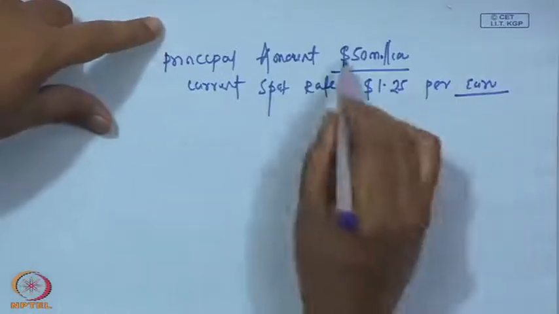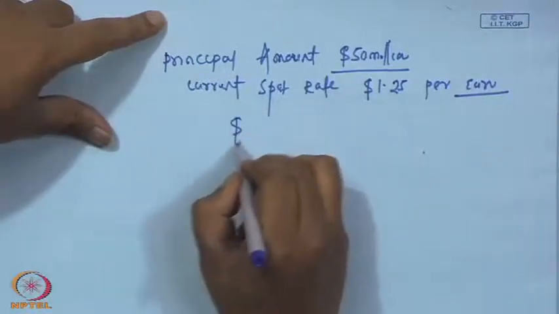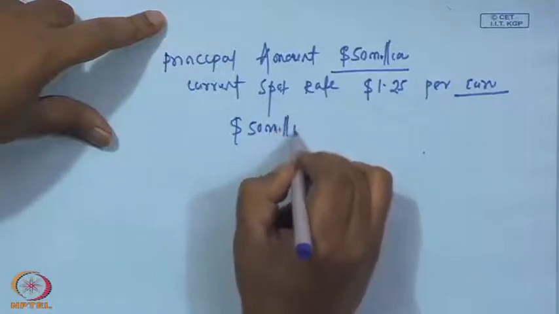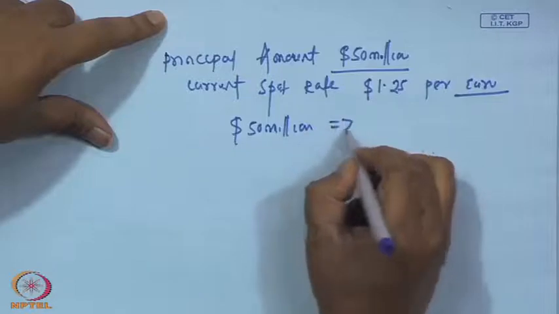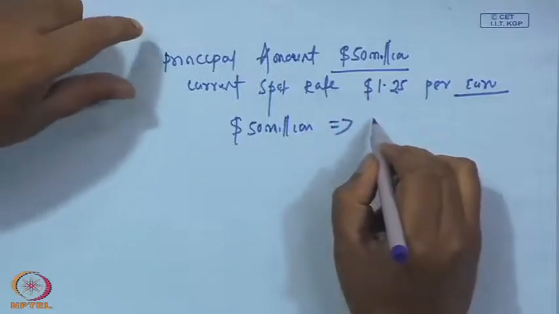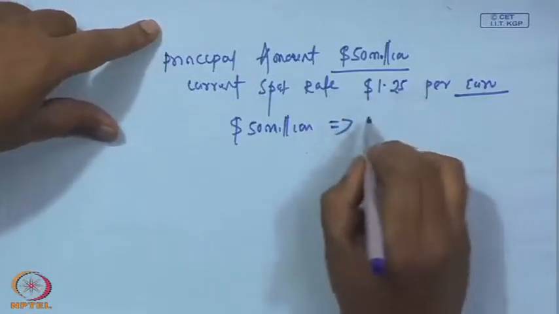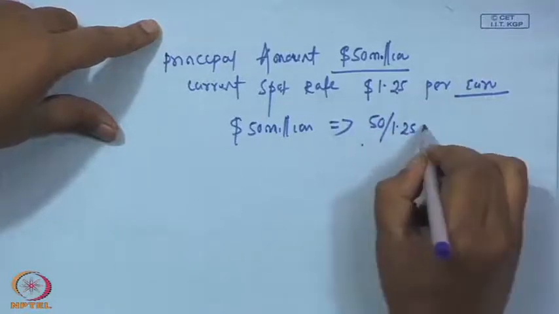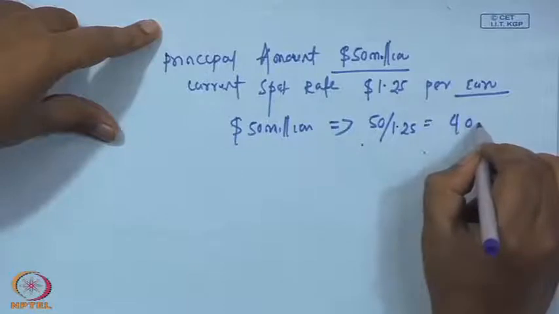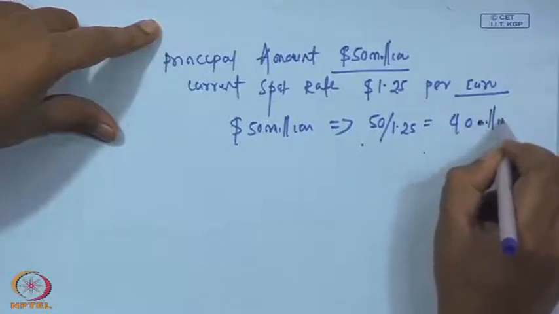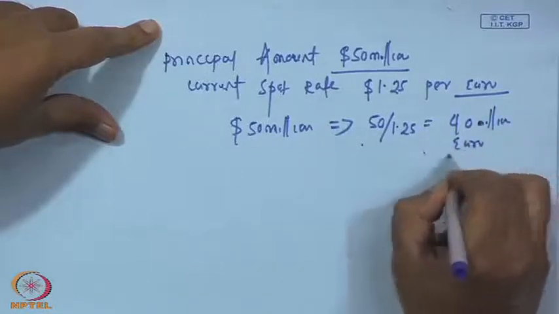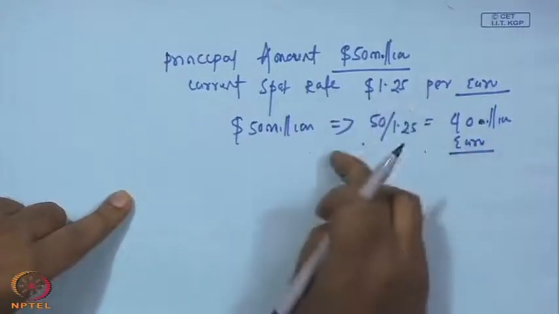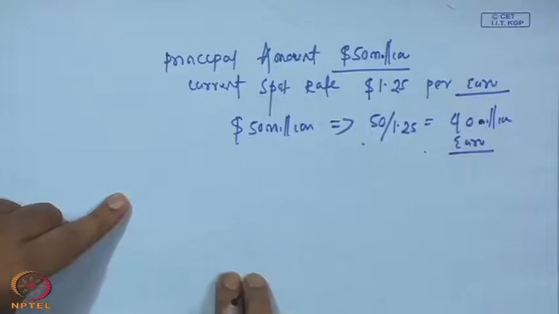What is the equivalent of 50 million US dollar? 50 divided by 1.25 is 40 million euro, because at the current rate of 1.25, the equivalent of 50 million dollar is 40 million euro.